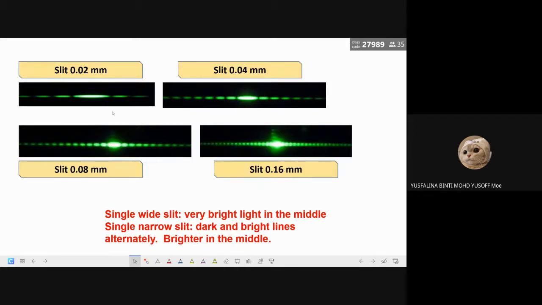You can see the bright fringes in the middle become smaller. So when the size of the slit increases, the size of the fringes will become smaller. Most of you got it wrong.